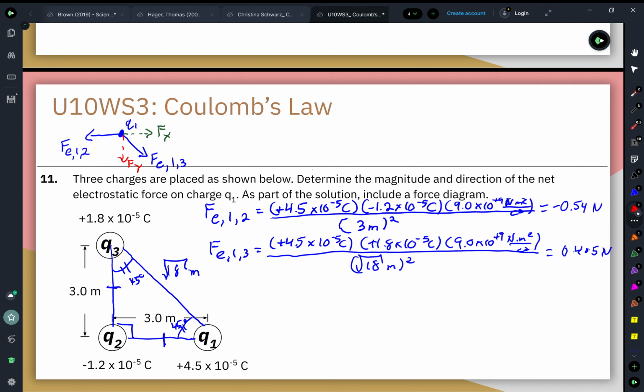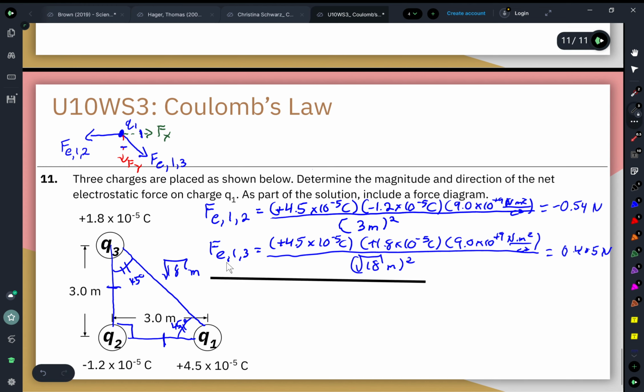Now, we know that because charge 1 and charge 3 are connected on this line that's at a 45-degree angle, that means that this angle right here between our vertical and the force vector on 1 by 3 is also 45. So we can make the assumption that 45 and 45 means that both our horizontal and vertical components are going to be the same magnitude.